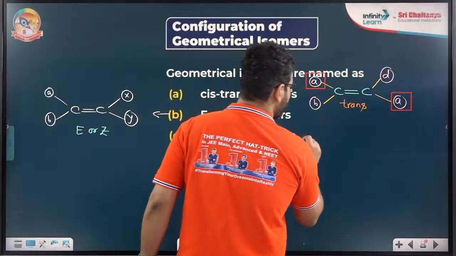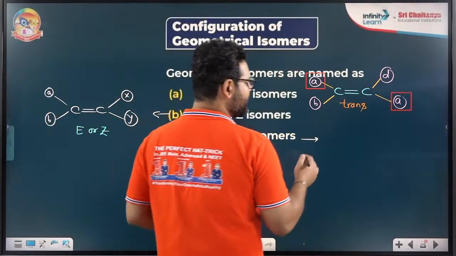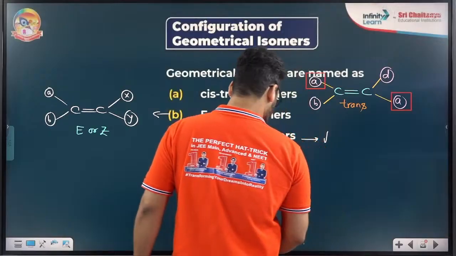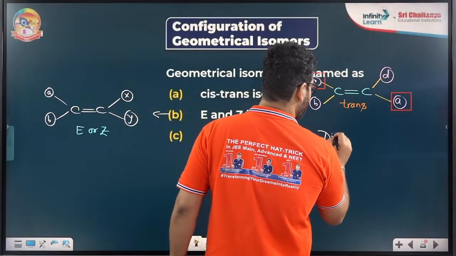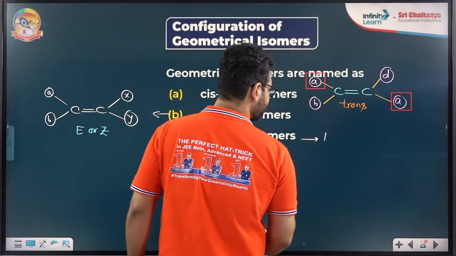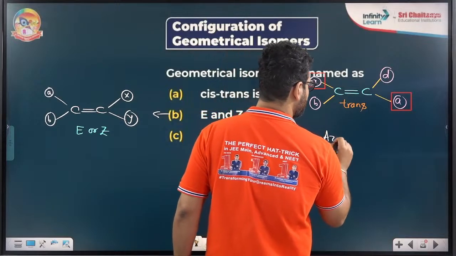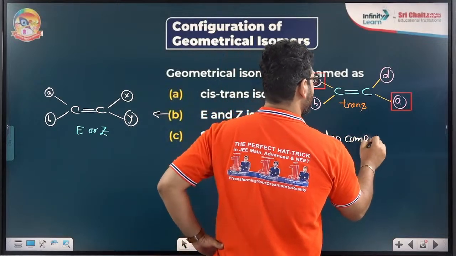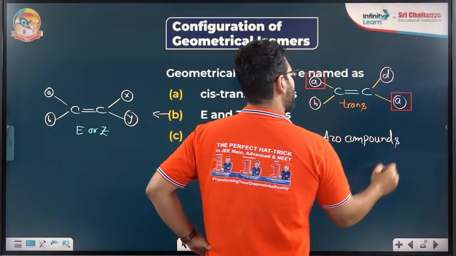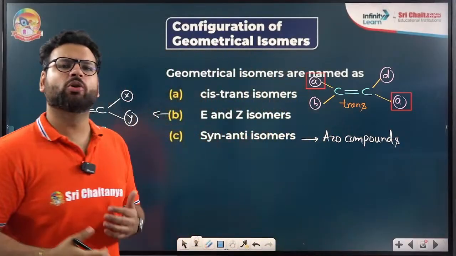When to use syn-anti? Syn-anti is used in some cases of azo compounds, when groups are not present but lone pairs are present.